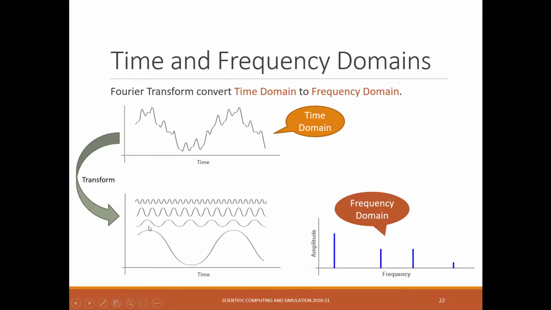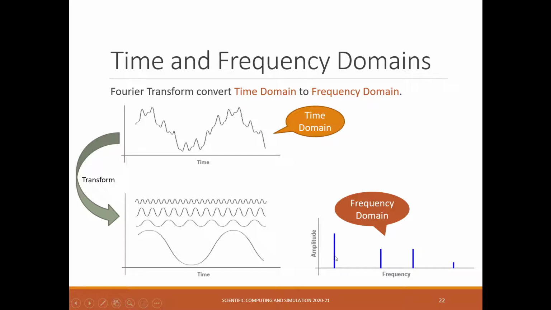This graph on the right shows the 4-component waveforms in an alternative and simple representation, which is called frequency domain. In this graph, instead of showing the waveforms of signals, we only display their frequencies and amplitudes. In frequency domain representation, each bar represents a pure waveform.